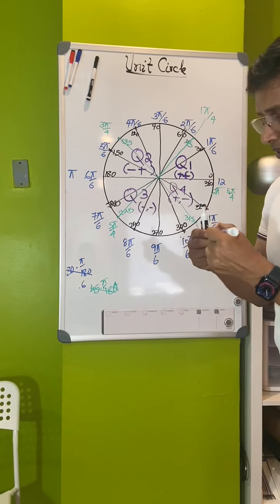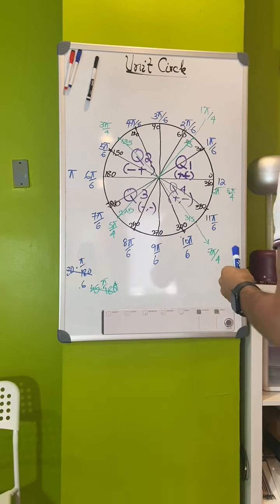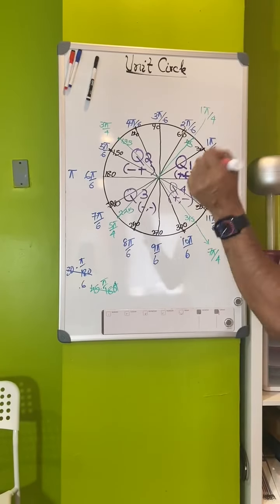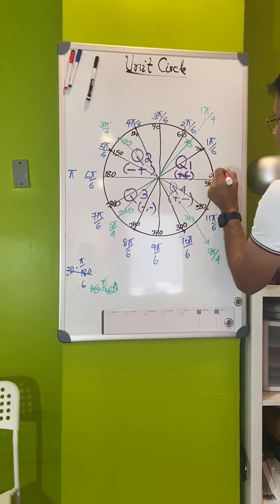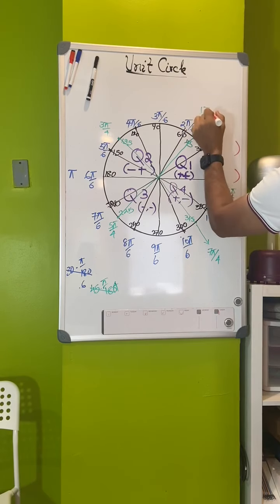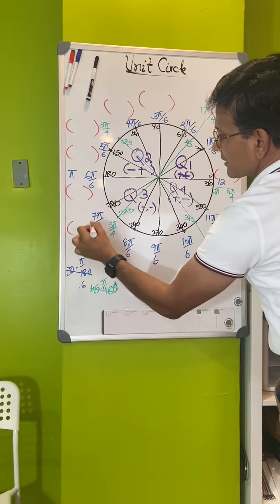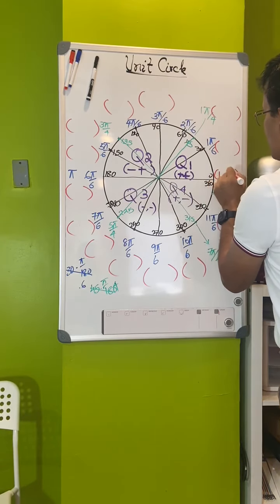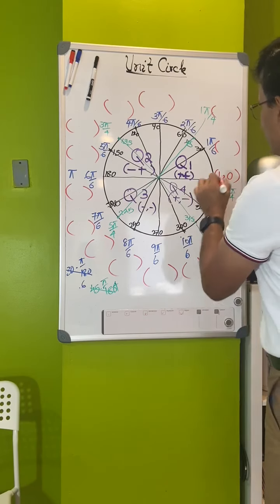All right, now it makes it very easy for me to give values to all the degrees and radians. I'm going to write that in parentheses here. 0 is 1 comma 0, that we know very well.